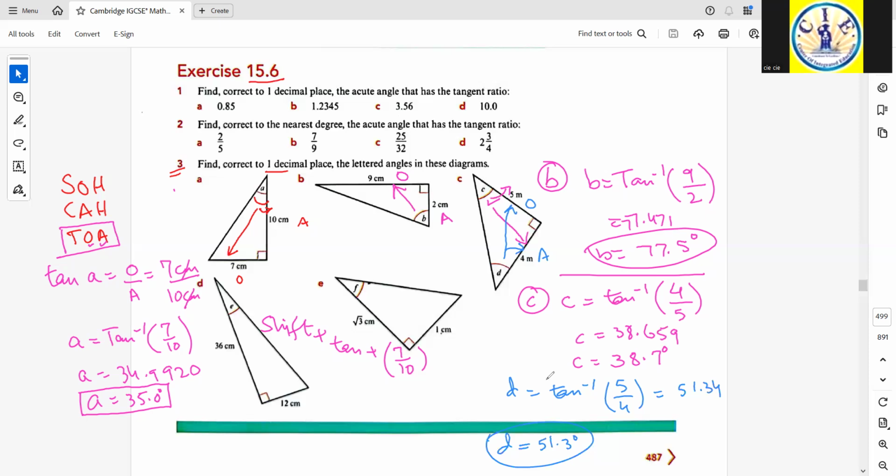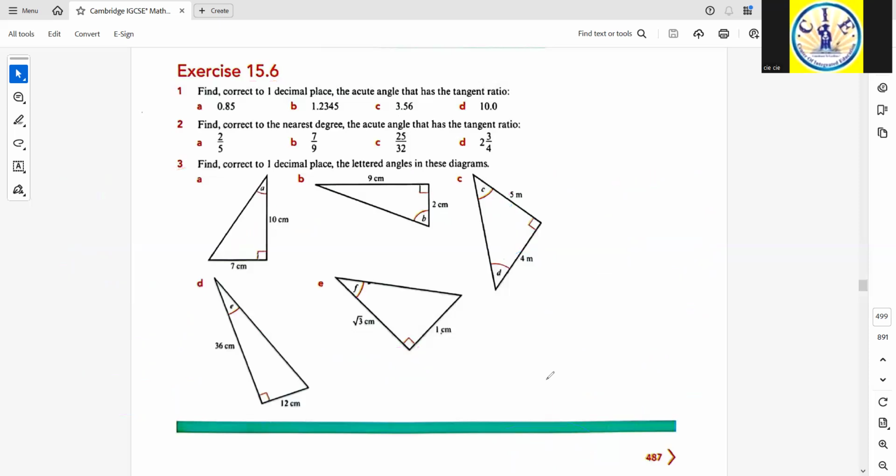Okay, now this is part E. We observe that again, this is the opposite side and this is the adjacent side. Again, we are going to use the tangent ratio, and for part F even, this is going to be the same case. Okay, let me do part F then.